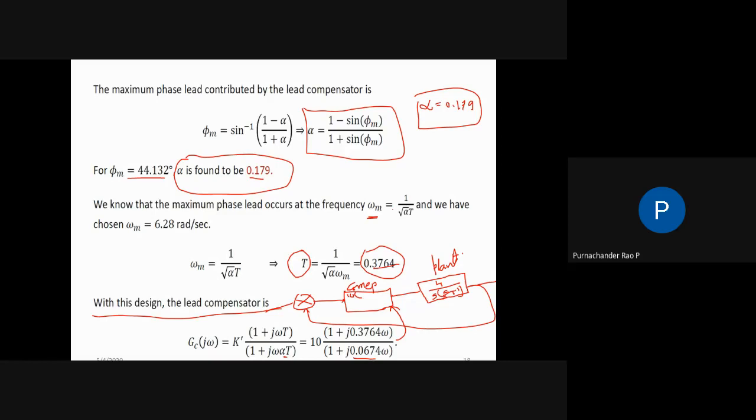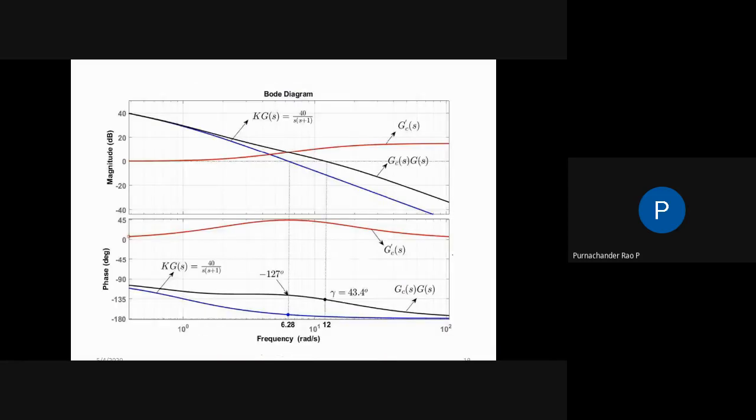Here the blue line indicates your original system transfer function, the black line indicates the net transfer function with the compensator and the plant, and the red line indicates the Bode diagram of only the compensator.